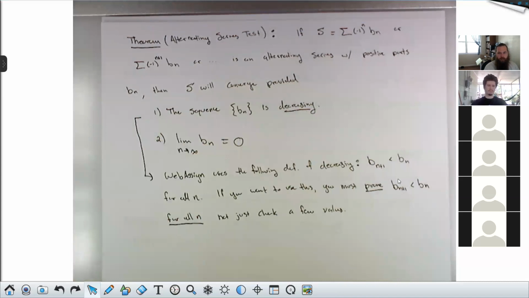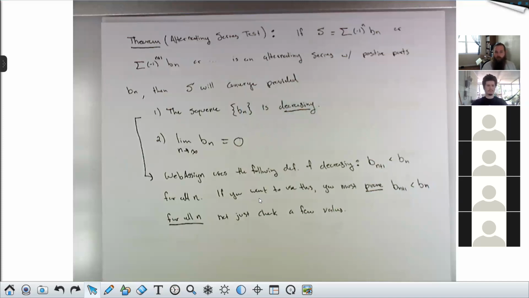It's possible that b2 is smaller than b1 and b3 is smaller than b2, but then maybe b4 is bigger than b3. Checking that the first few terms follow this pattern is not sufficient to show that the sequence is decreasing. And WebAssign will contradict me on this.